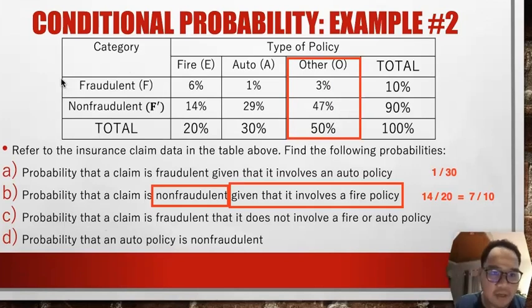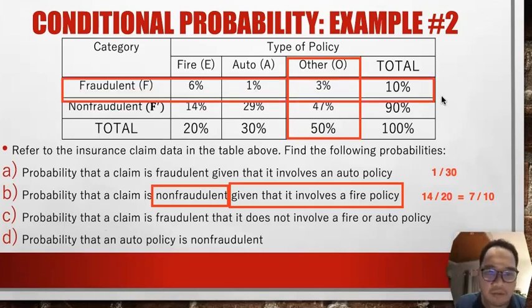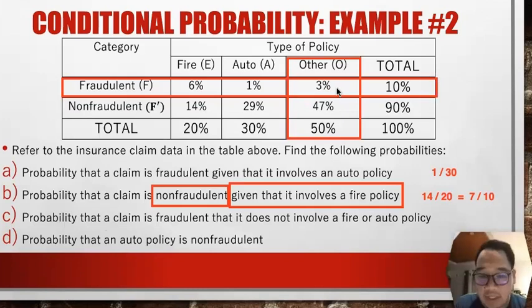So F is here. If we highlight the F, where do they intersect? This is another point of view for some. So their intersection is 3. We're going to write that down as the numerator, 3, divided by the others, which is going to give us 50. So that's the answer, 3 over 50. Simplify if needed, but we cannot. 3 is a prime number. So that's our answer for letter C.